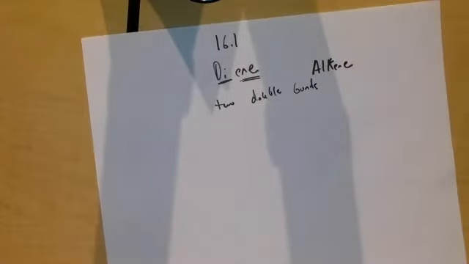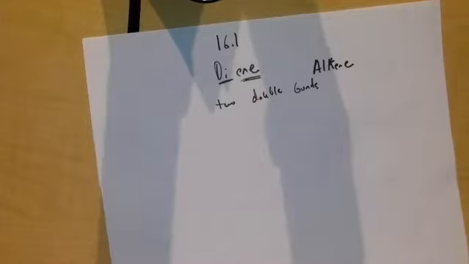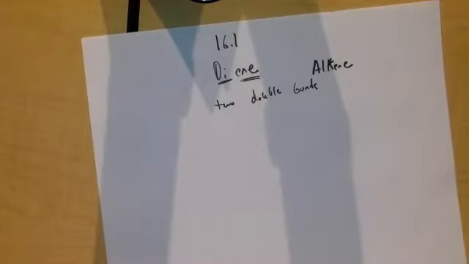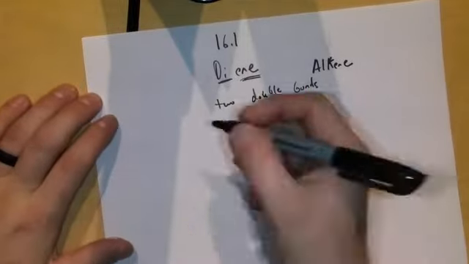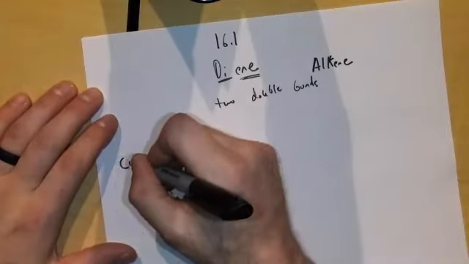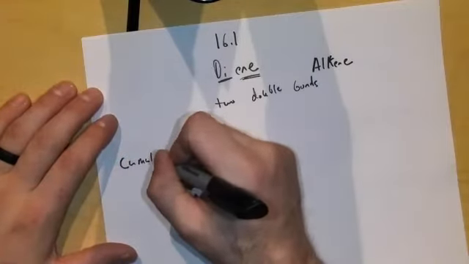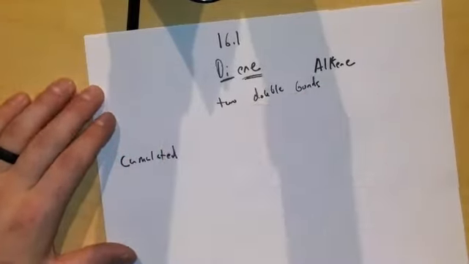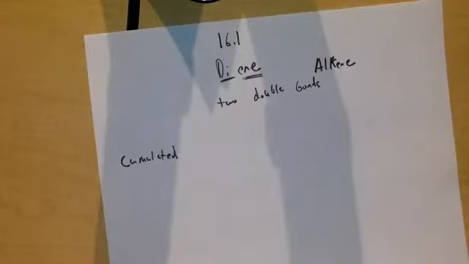There are technically three different types. Two of them are very similar. So the first type is cumulative, accumulated. And this basically means that they're on top of each other.